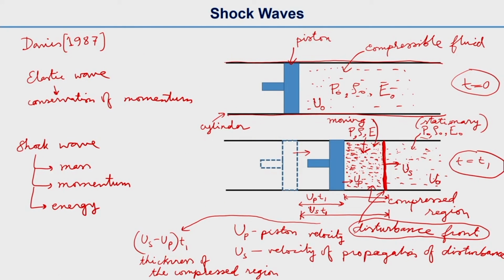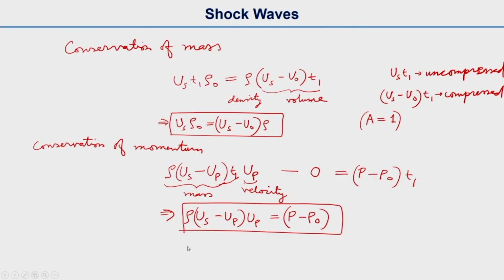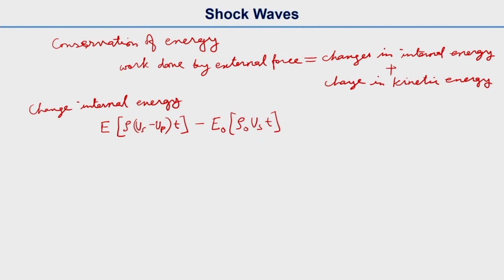Us T1 is the thickness of the uncompressed region earlier, and the thickness of the compressed region is (Us minus Up) T1. That's the mass, and we are assuming area equal to unity everywhere.